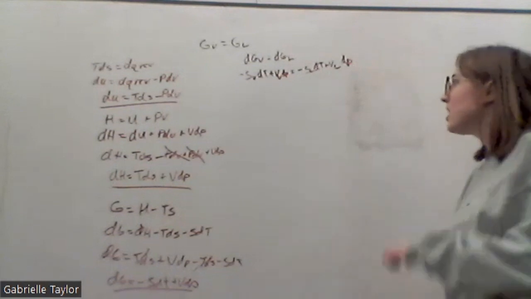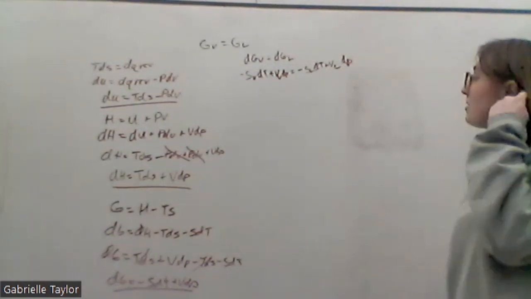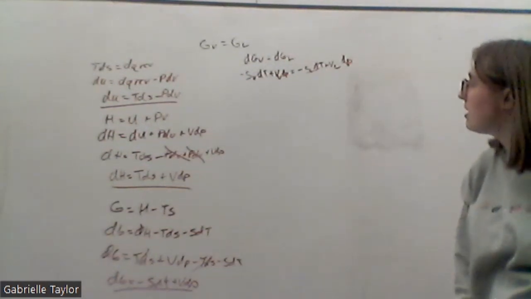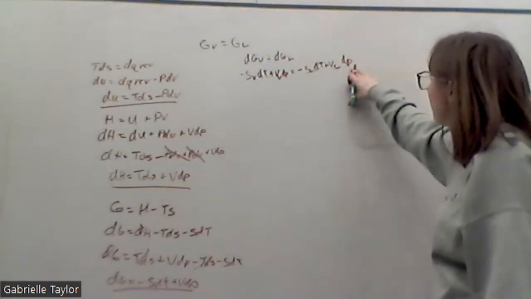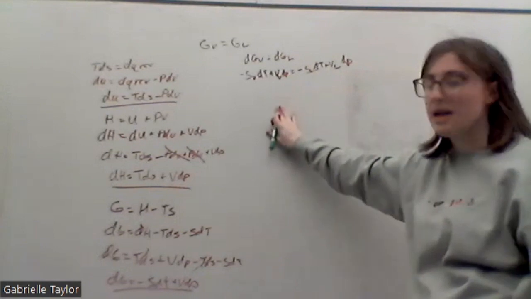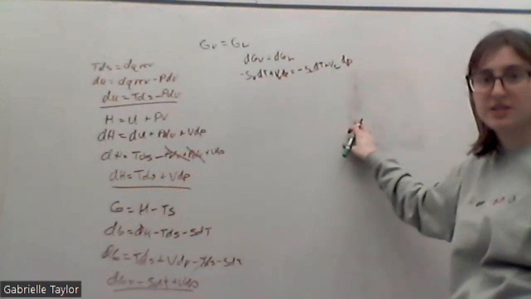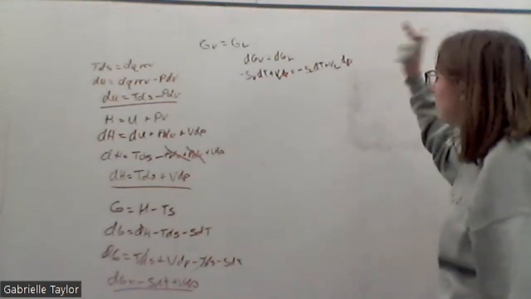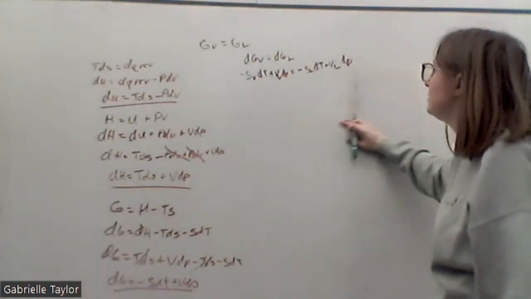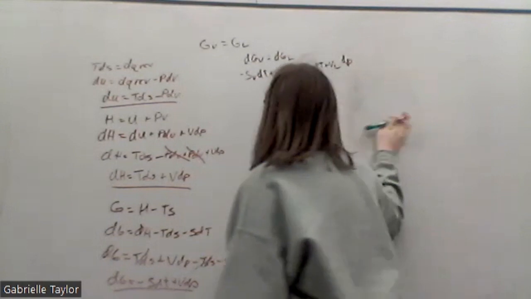Okay, so now that we have this, we can see that we have dP on this side, dP on this side, and dT on this side, and dT on this side. So we can combine the two together. Let's bring dP on this side, and dT on this side.